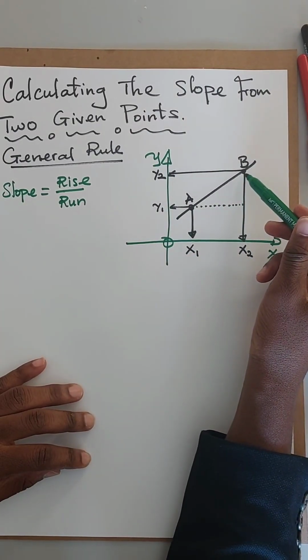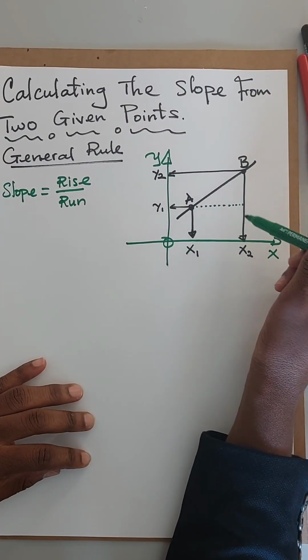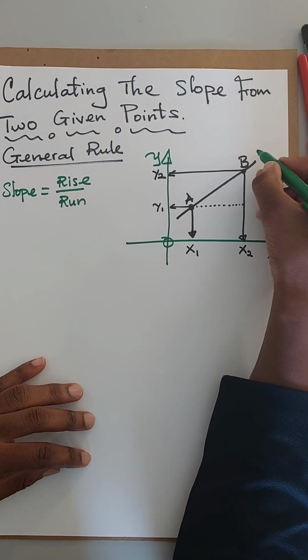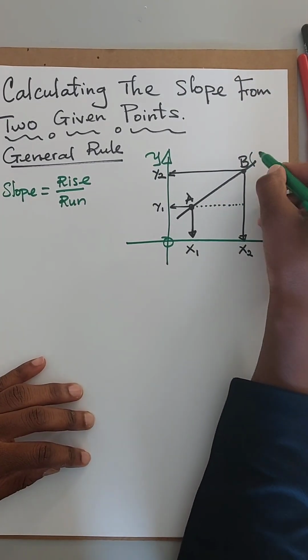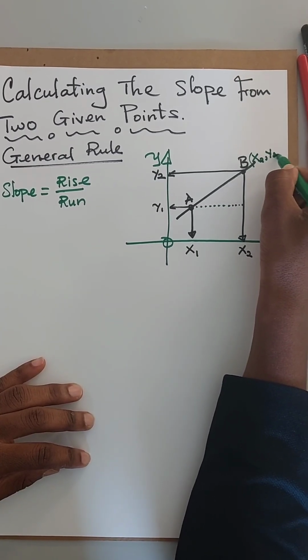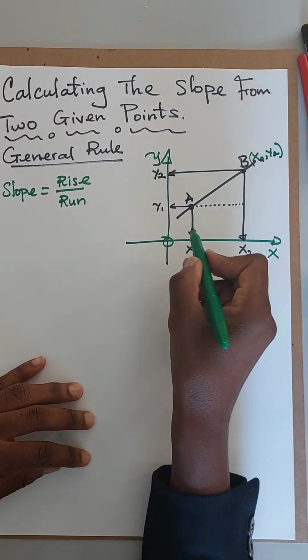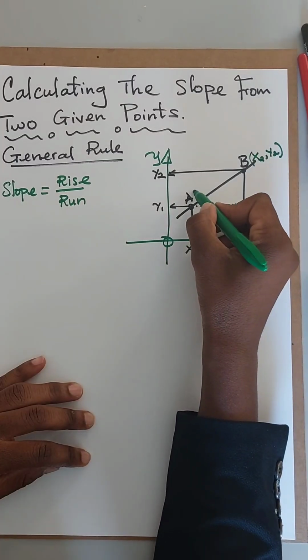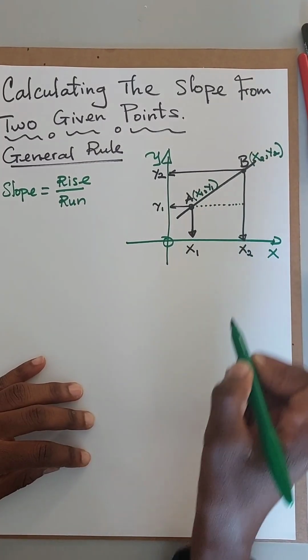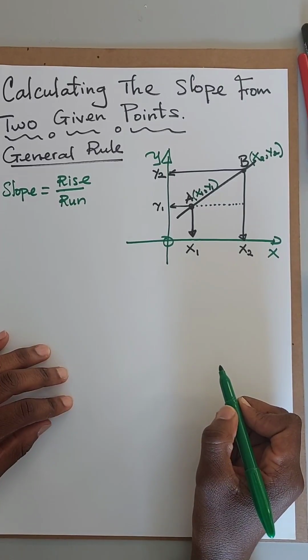And we have the point B here with coordinates x2 and y2. So if we were to write the coordinates of B next to the point B, it will look like x2, y2. And if we were to write the coordinates of the point A next to the point, it will look like x1, y1.